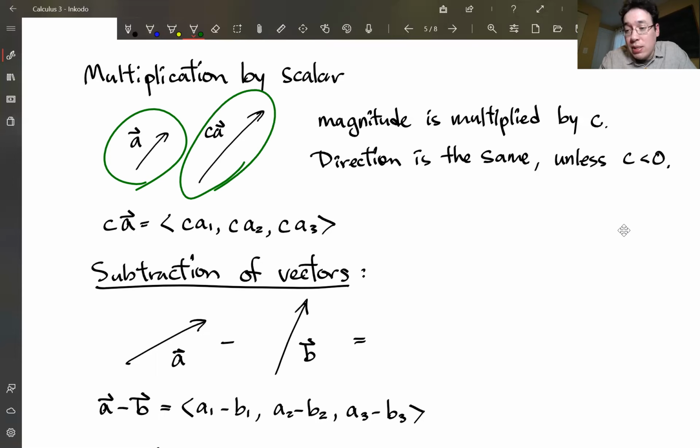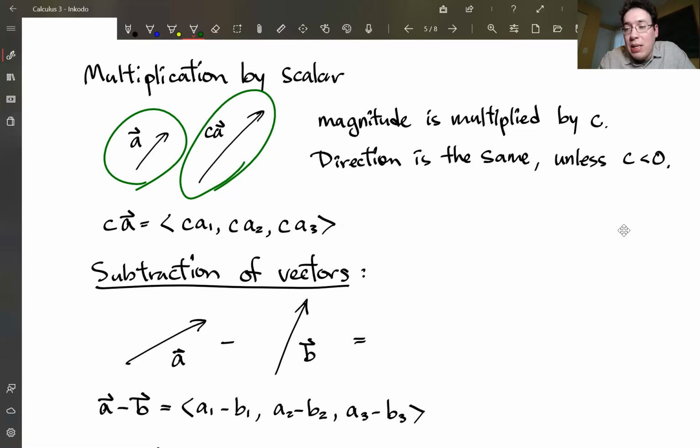If that constant is greater than 1, that means stretching. If it's positive but less than 1, then it shrinks it by the factor, just like a regular multiplication with a scalar.